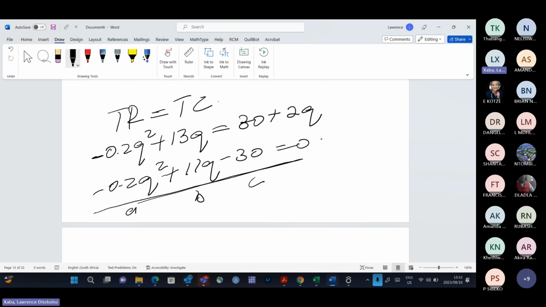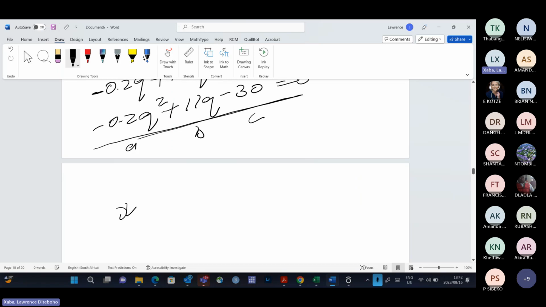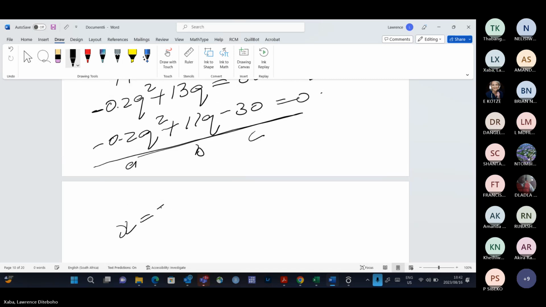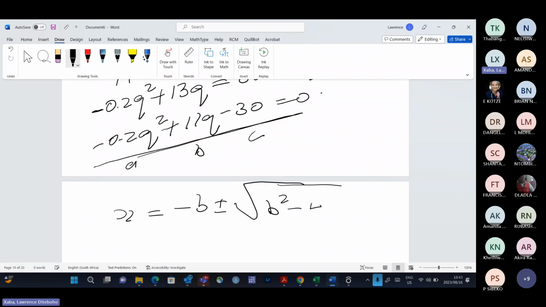If it's possible to factorize this, we can factorize it, or you can use our equation of X equals minus B plus or minus the square root of our discriminant, divided by 2A.